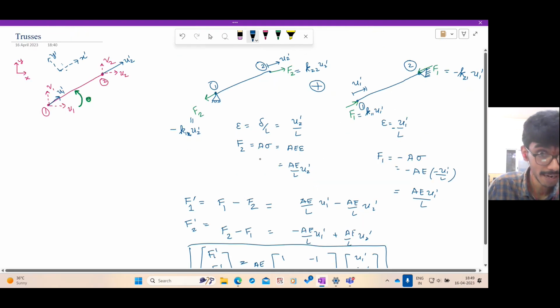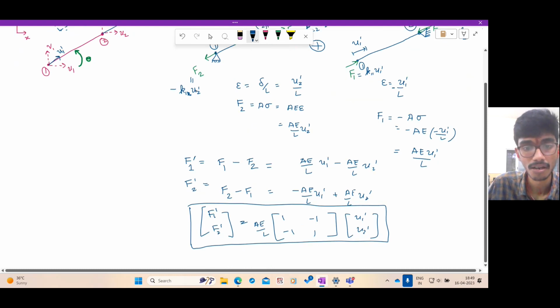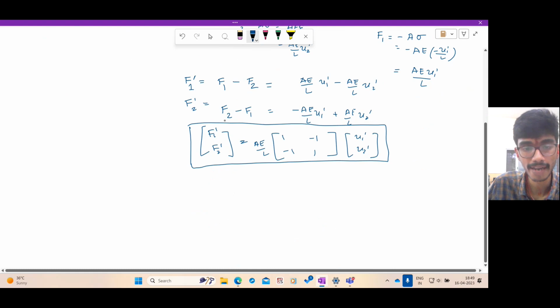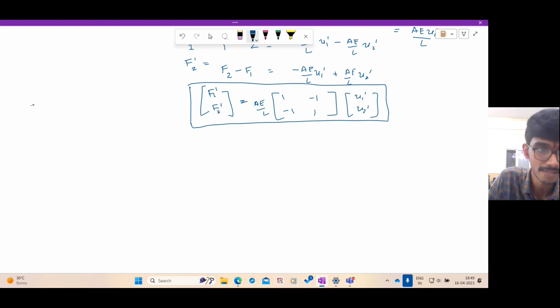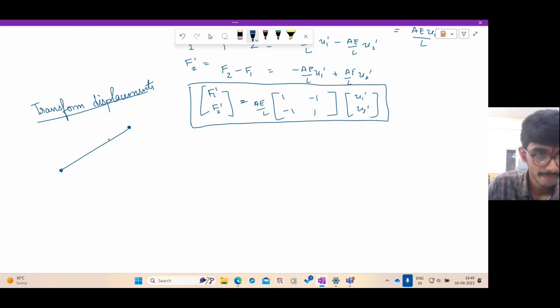But we have to take it back to the global form to assemble and write down the unknowns and the knowns in the global coordinate system. So how do we do it? We need to transform. First, let us transform the displacements. You have 2 points like this. Suppose you displace.